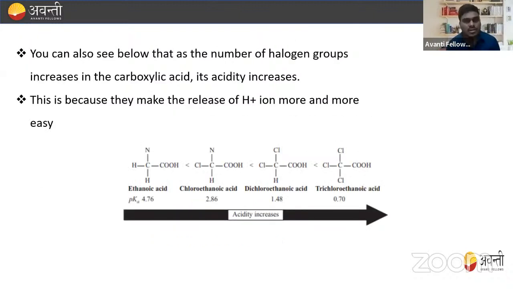Now, you can also see below that as the number of halogen groups increases, or we say as the number of electron withdrawing groups increases in the carboxylic acid, the acidic character also increases.